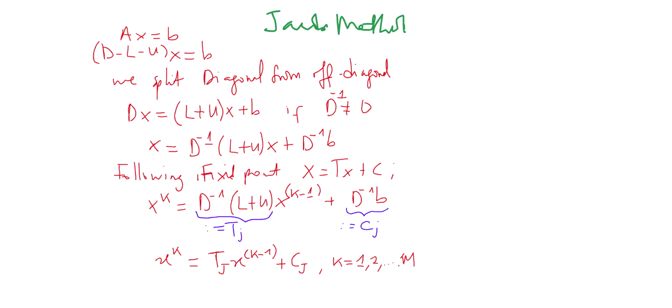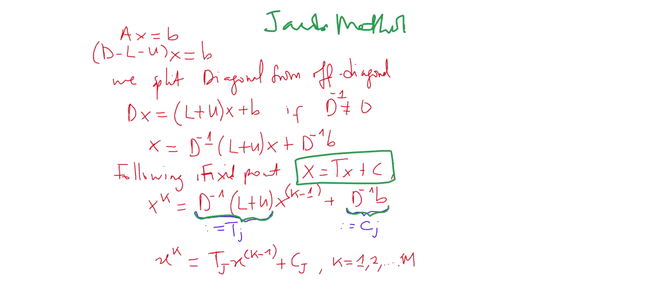And if we follow the idea of the fixed point iteration, or fixed points, that we earlier spoke about, then we can see that we have a matrix: x^(k) = D inverse (L plus U) x^(k-1) plus D inverse of B. And this gives us x to the power k equals Tj x^(k-1) plus Cj, where Tj is this term here and Cj is this term here as well.